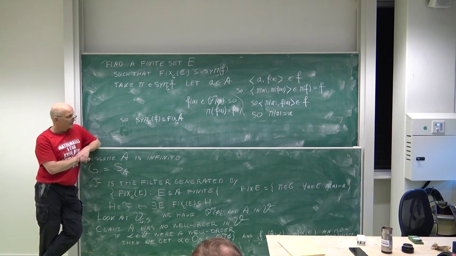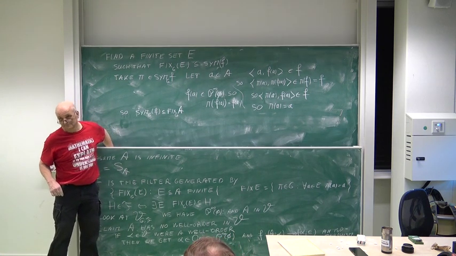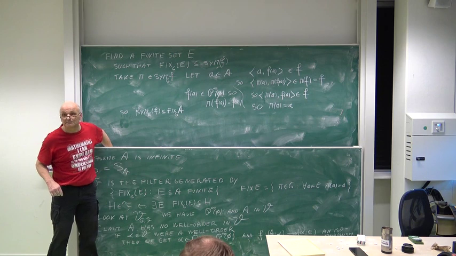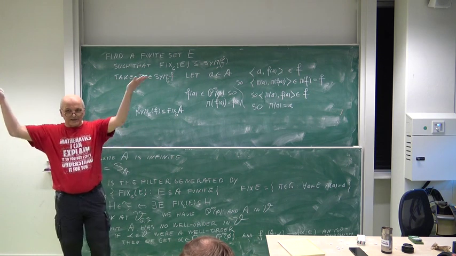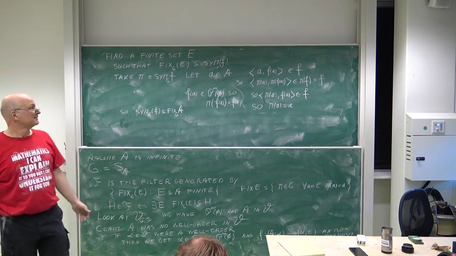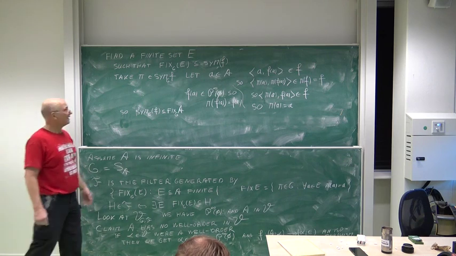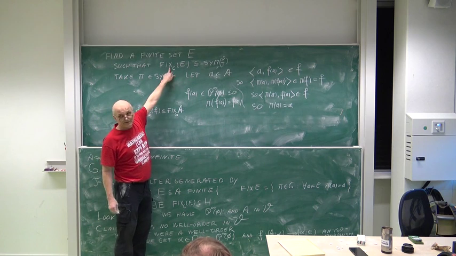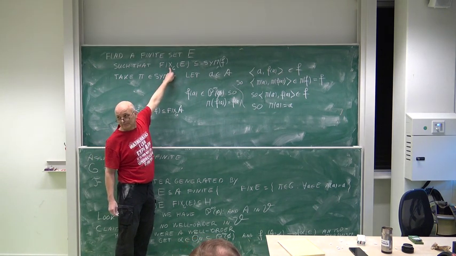So, what do we get? Our filter is trivial. Our filter is now the maximum filter. You could just say we have a contradiction because this is way bigger than just the identity map.